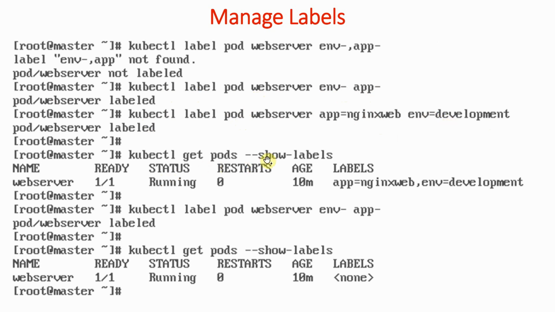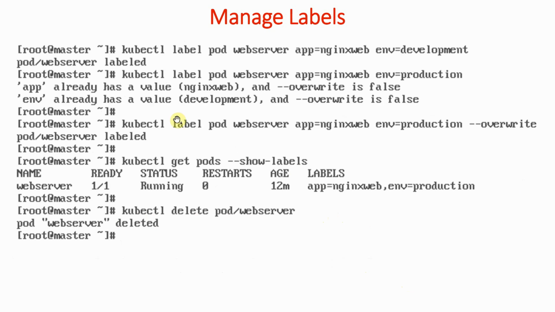So when we run this command with --show-labels, it is going to show you the labels. Again we want to remove environment- app-. Again when we run this command, it is not showing any labels. Again, let us label.